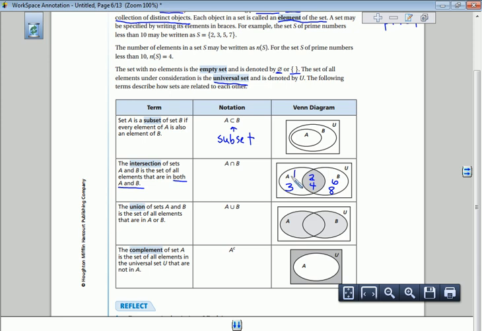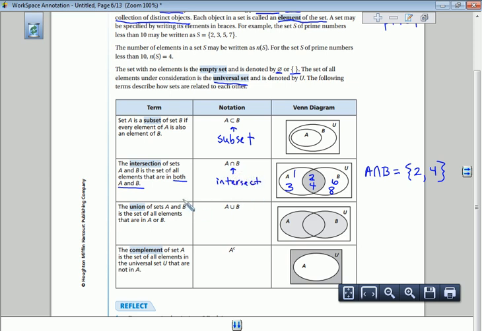Okay, so set A would contain 1, 2, 3, and 4, and set B would contain 2, 4, 6, and 8. So their intersection, what elements are in both sets, would contain 2 and 4. So we would say the intersection of A and B contains 2 and 4. Does that make sense? Okay, so this upside down U is our intersection.